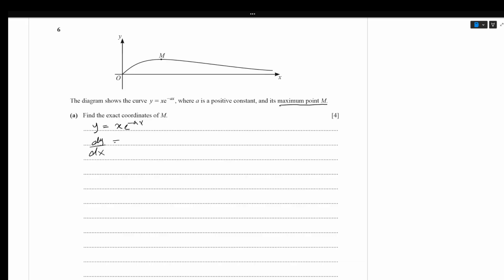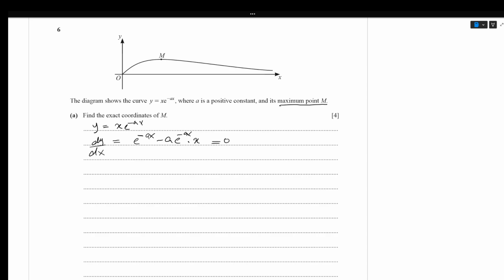And then dy by dx would be, differentiating x, 1 times e to the minus ax, and then differentiating e to the minus ax gives minus a e to the minus ax times x. And this is equal to 0.